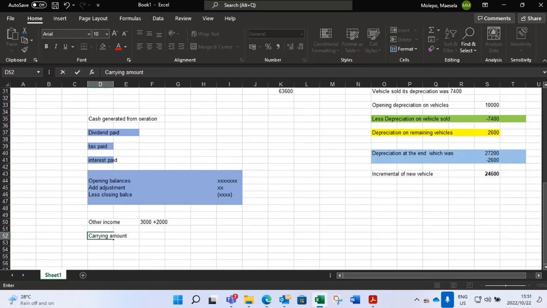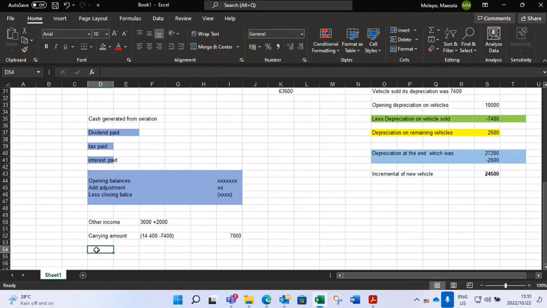We've got a cost price of 14,400 with a depreciation of 7,400 that had already been written off. So you're going to say 14,400 minus 7,400. You remain with how much? 7,000. Okay. Then the trade-in value is how much? 9,000.